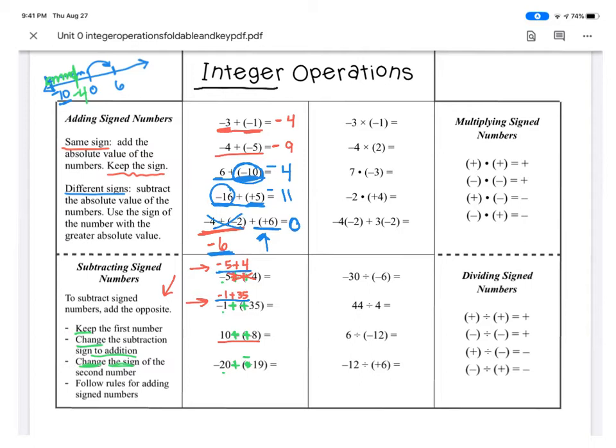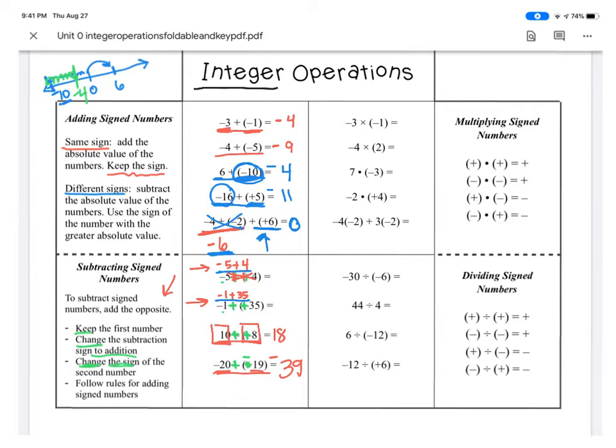My numbers are the same, so this problem changed to 10 plus 8. The answer is 18. And if I look at my last problem, I have a negative and a negative. When I have a negative and a negative, I can add 20 and 19 together and get 39. My answer is negative.